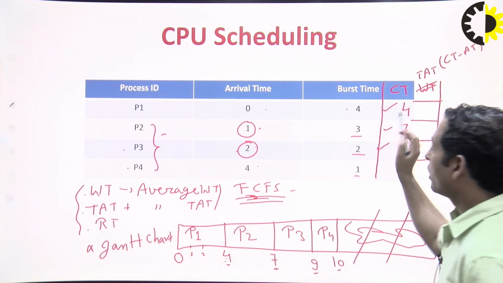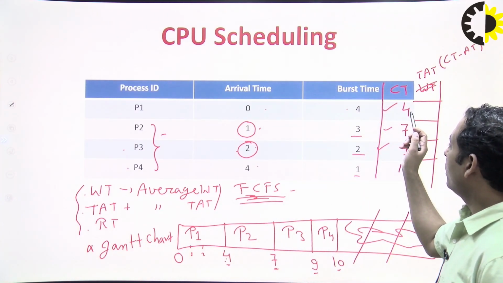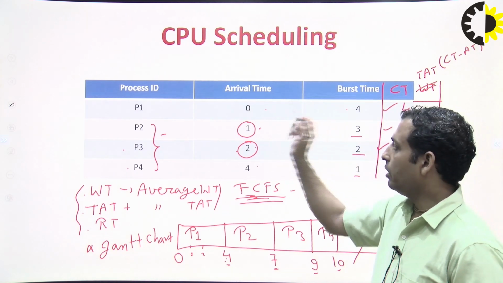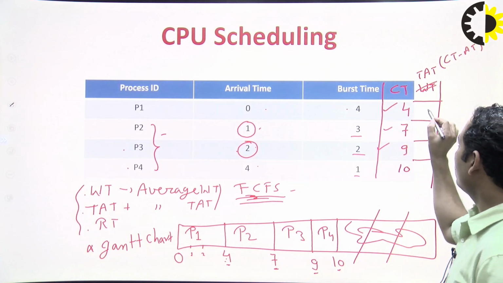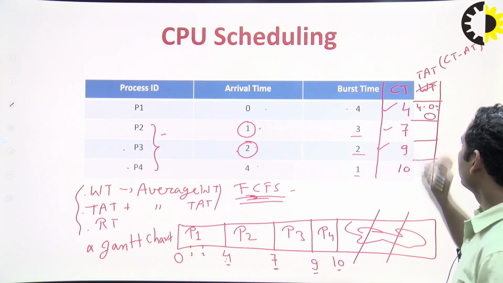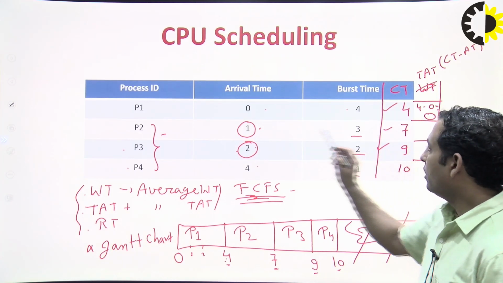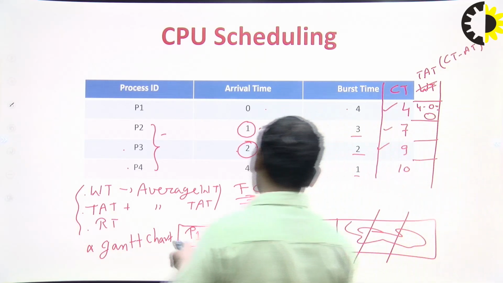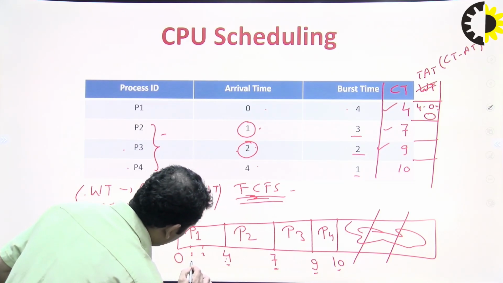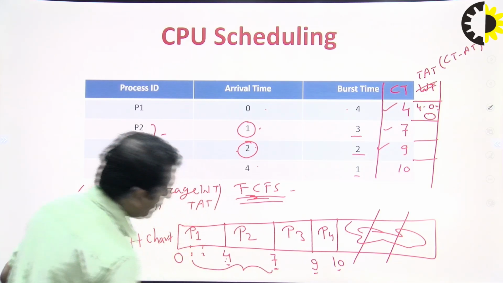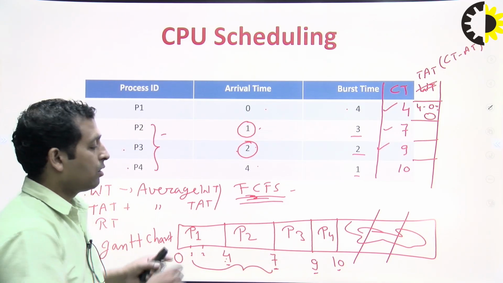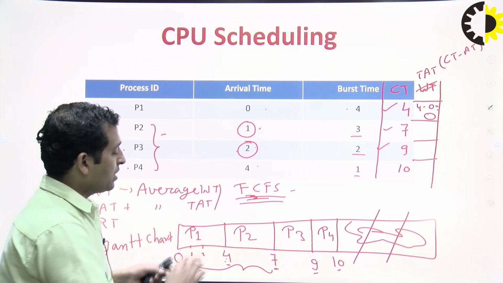Completion time for process P1 is 4 and arrival time for P1 is 0. 4 minus 0 equals 4. Now, 7 minus 1, since the arrival time of P2 is 1. P2 completes at this point and arrives at this point, so this duration is the time P2 remains in the system.